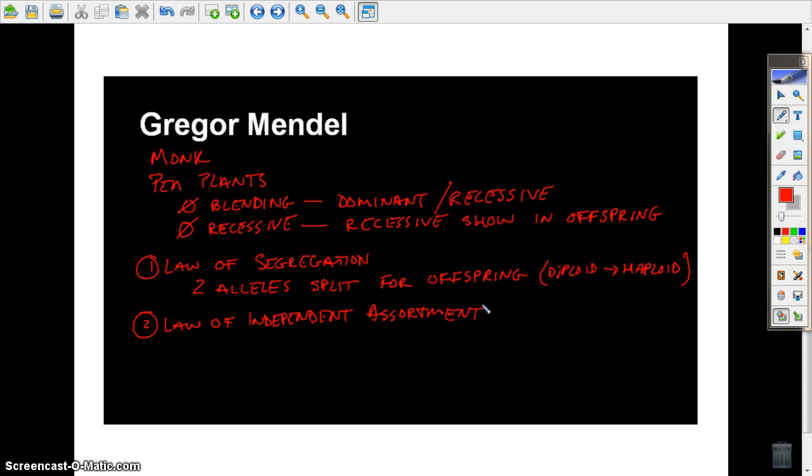In the law of independent assortment, separate genes are going to be passed on independently of one another, are going to move independent. Oops, that's supposed to be a D. Independent of each other.